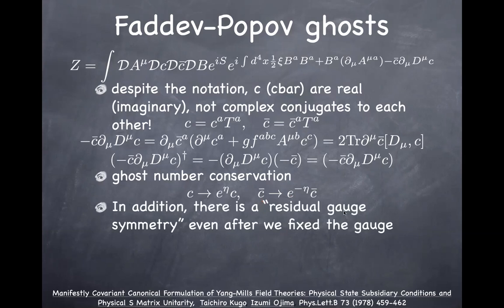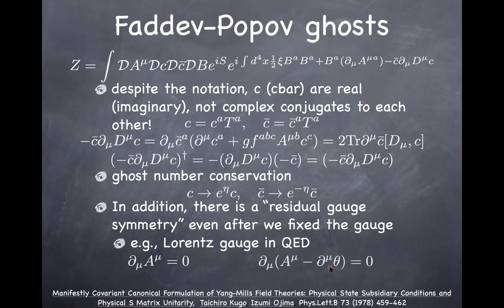But finally, this is the most important thing. Even after gauge fixing, there could be a residual gauge symmetry. That's what we have seen in Lorentz gauge in QED. You employ this gauge fixing condition, ∂_μ A^μ vanishing. Suppose you do an additional gauge change, A_μ minus ∂_μ θ. If □θ vanishes, namely if θ is a solution to the massless Klein-Gordon equation, then it doesn't change the gauge fixing condition.